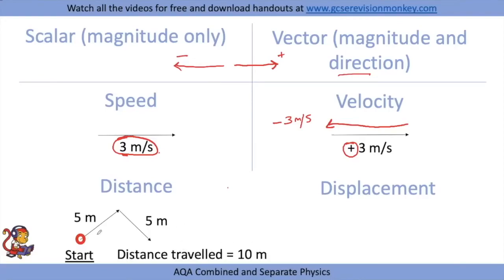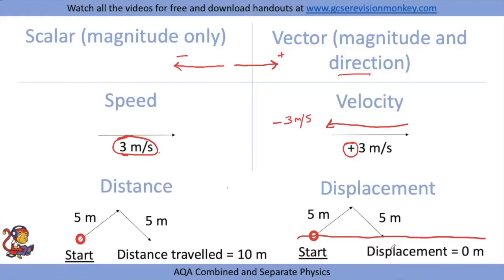However, if we look at the same scenario with displacement, with an object moving 5 meters and moving another 5 meters, because it's returning back to the same original starting point, we would actually say that there was a displacement of 0 meters because they've gone up and come back to the same starting position. So therefore its displacement is 0. So that's the difference between the scalar and vector quantities, speed versus velocity, and distance versus displacement.